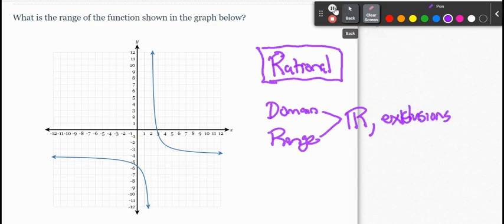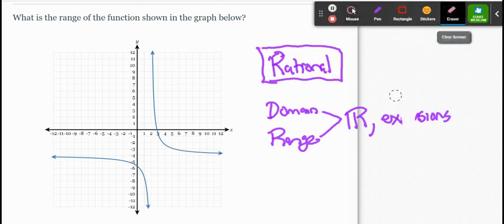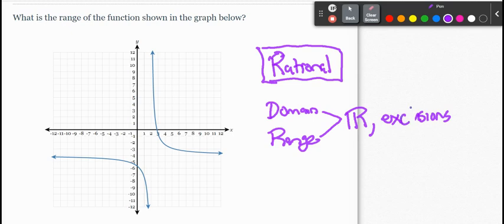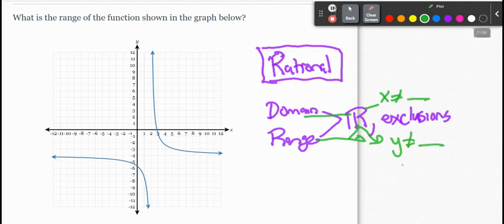Always excluded values. There might not be an excluded value, but you always have to be concerned for excluded values. So when it's a domain, you're going to exclude by saying X can't be, and then you'll have a list. And then for range, you'll say all real numbers, and then you'll say Y can't be, and then you'll have a list of numbers. You're going to have to look at the graph. We have a whole unit on rational functions, so there's a whole lot to it.